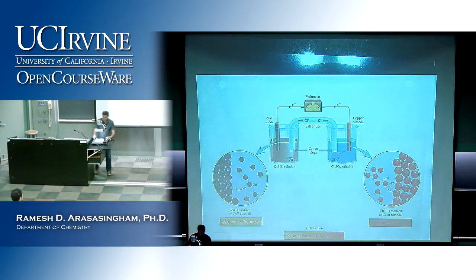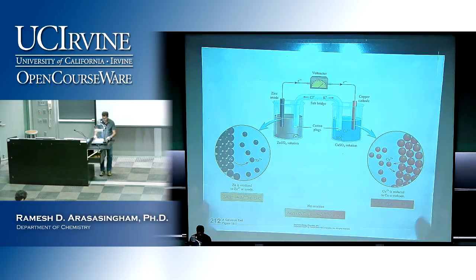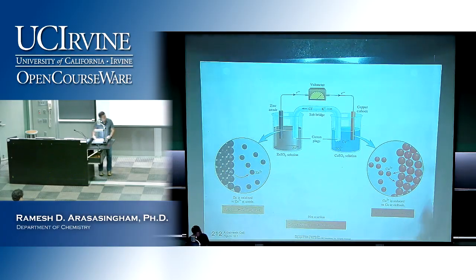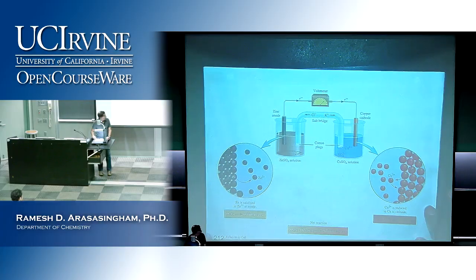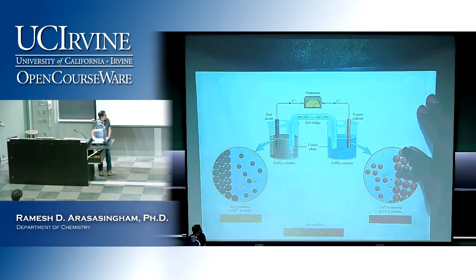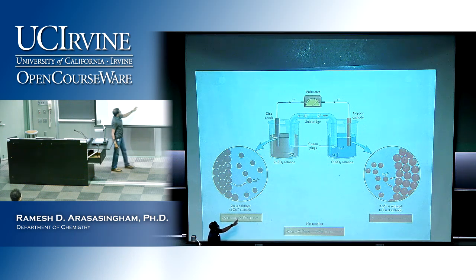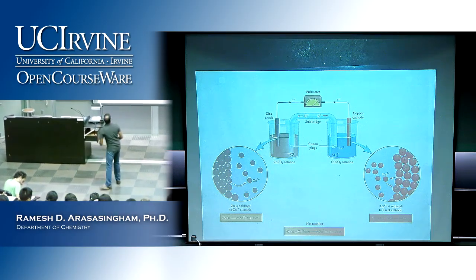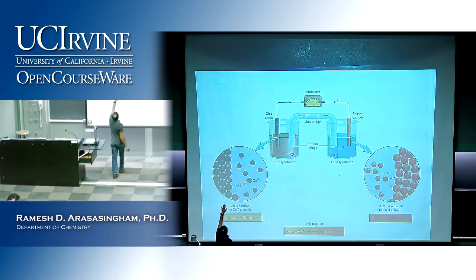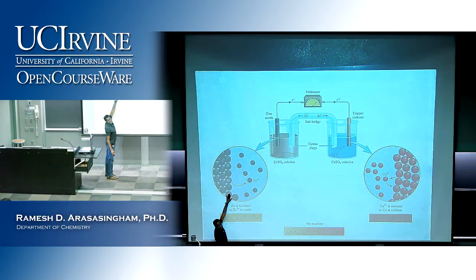Now I kind of like this picture because it summarizes everything that's going on. If you look at the bottom here, you can see that this is where the oxidation takes place, and zinc is oxidized to zinc 2+. So the net reaction is zinc going to zinc 2+ plus 2 electrons. At the oxidation point, 2 electrons are being produced. If you could magnify what's going on, this is the zinc electrode, which is a metallic solid.